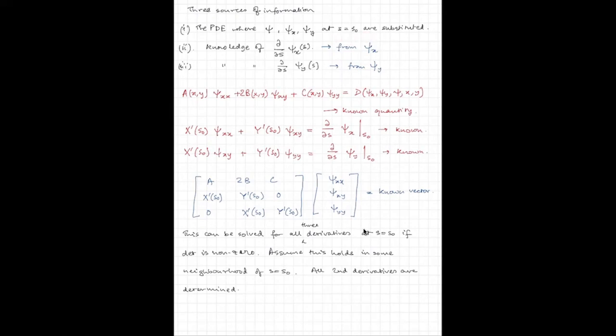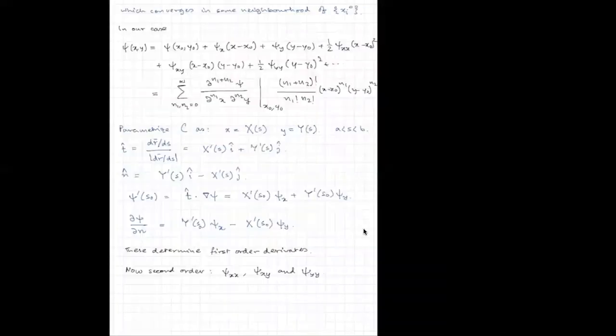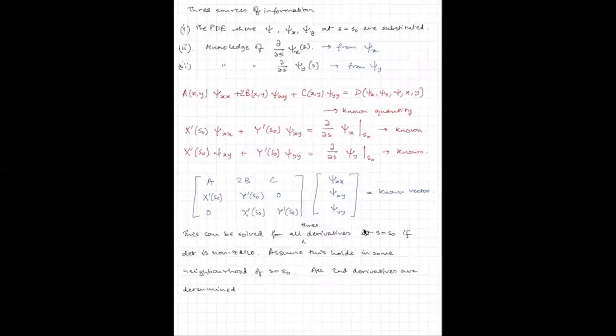So when you plug in x equal to x naught and y equal to y naught, that becomes a known quantity, and you have the knowledge of del s of psi of x that you know from here, so you know psi of x, you know psi of y, and then you can find out del f of psi of x and del s of psi of y, and hence all of these things are known.